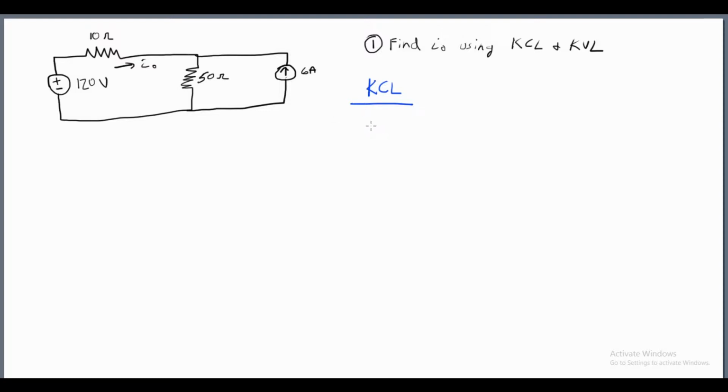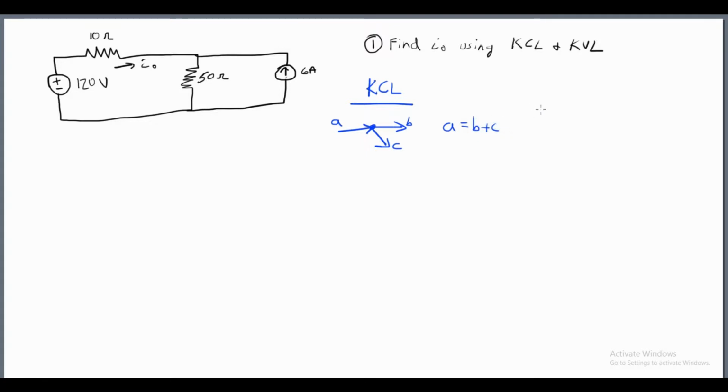So if I have some node here in a circuit, and I have two legs of the circuit leaving and one entering, if this is A, this is B, and this is C, Kirchhoff's current law says that all of the current entering a node must also be leaving the node. So A is equal to B plus C.